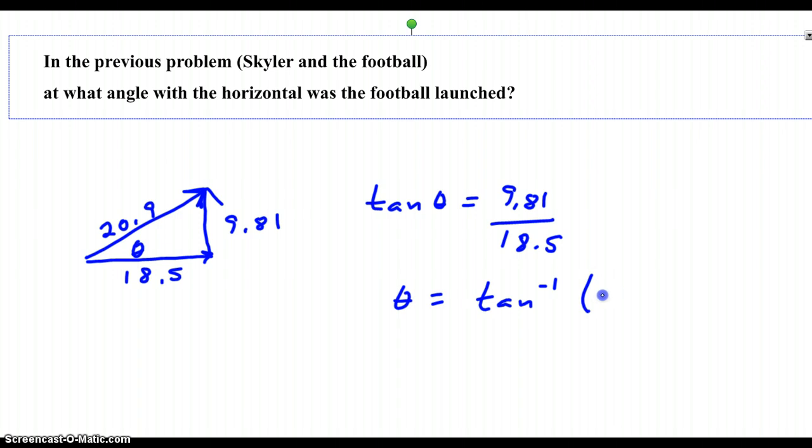When you divide 9.81 by 18.5, the result turns out to be 0.5303. So the inverse tangent of 0.5303 would be 28 degrees. So angle theta, the angle that the football was launched at, would be a 28-degree angle.